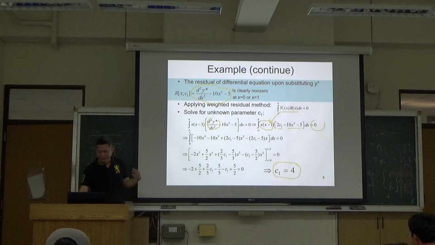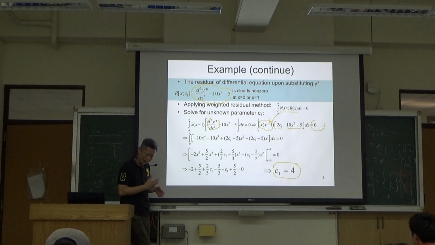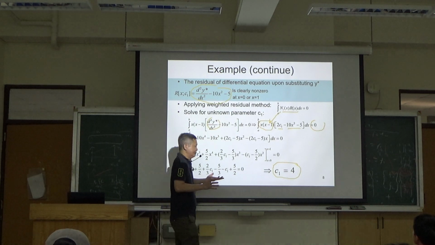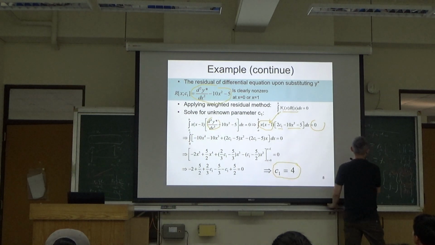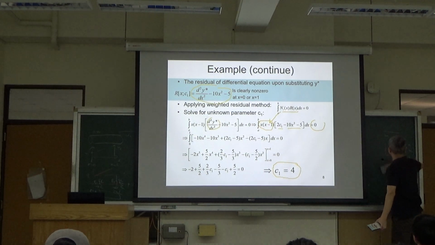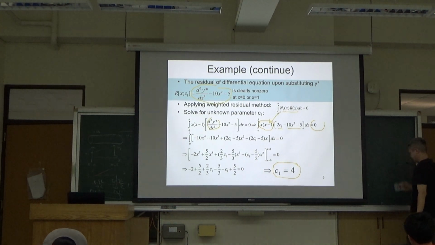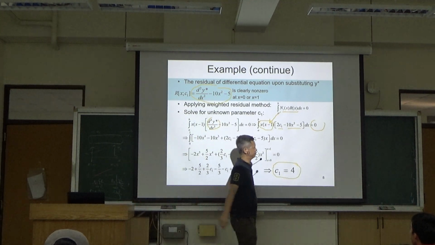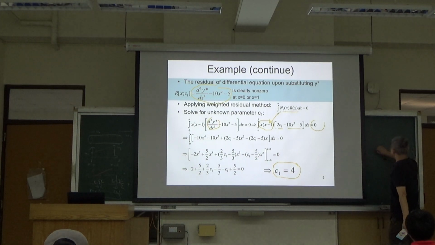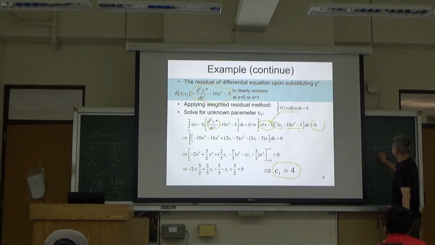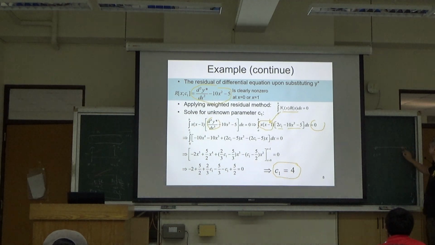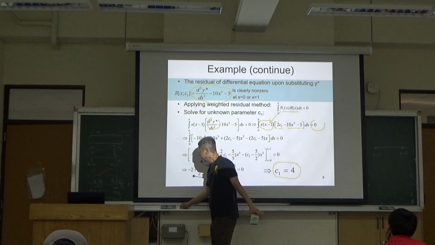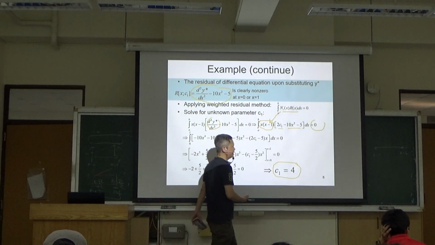But in the case of my weighted residue method, I don't do that. What shape function do I use? If I know the boundary, if I want to fit the boundary, if this is coordinate x equal to 0, and this coordinate x equal to L, how do I make sure the function is fulfilling the boundary of 0?